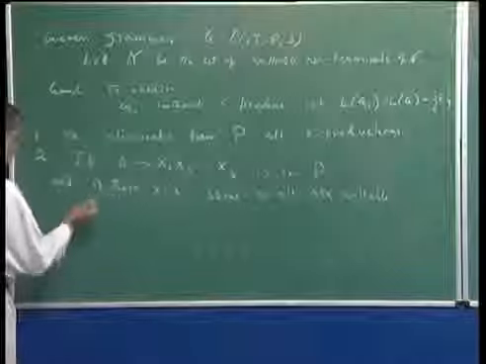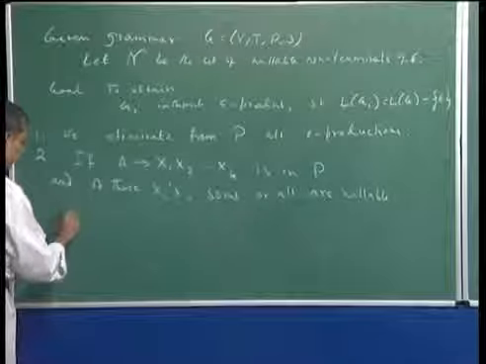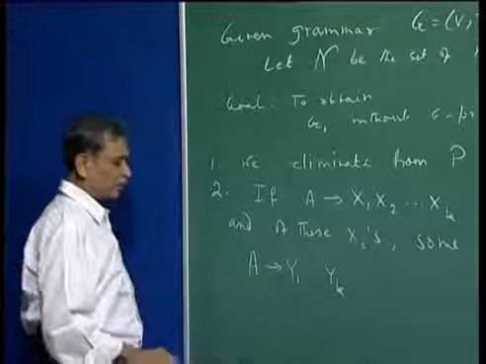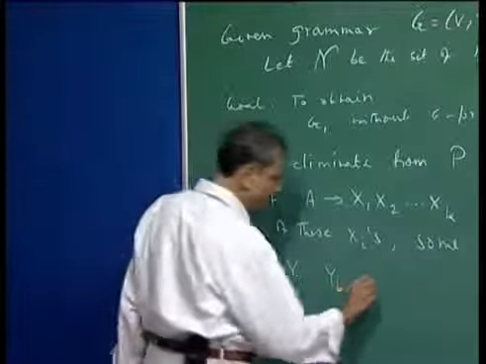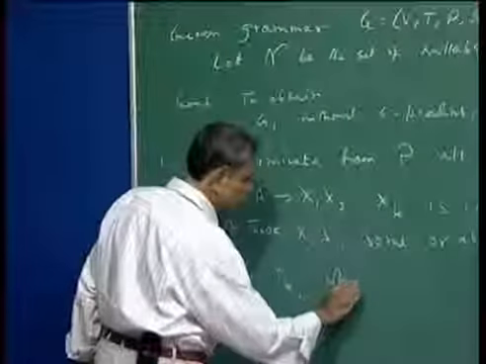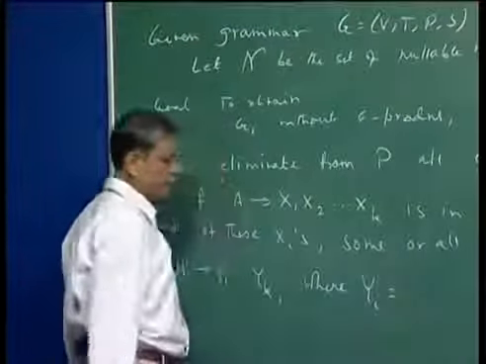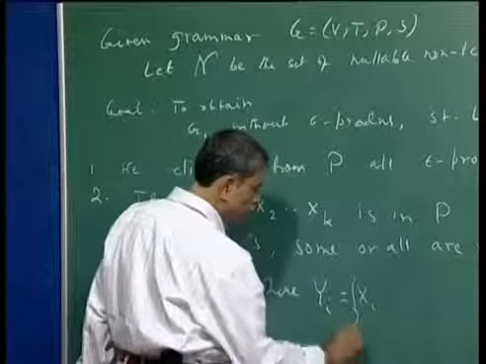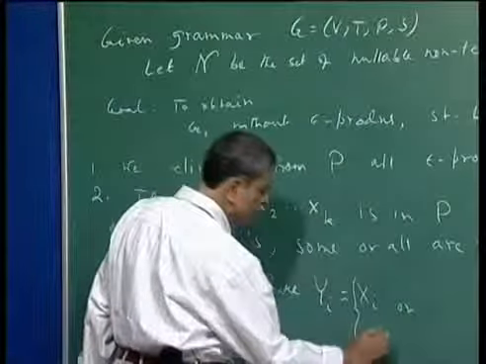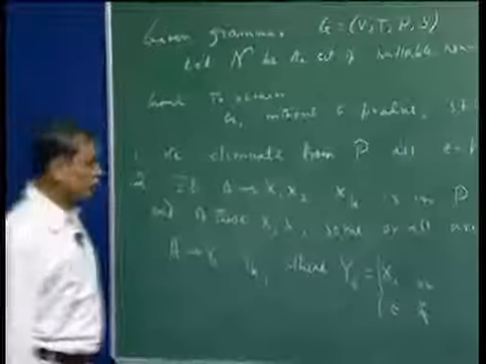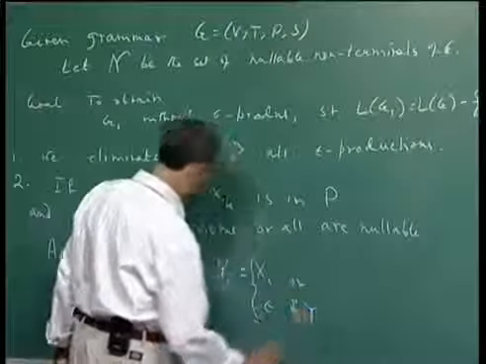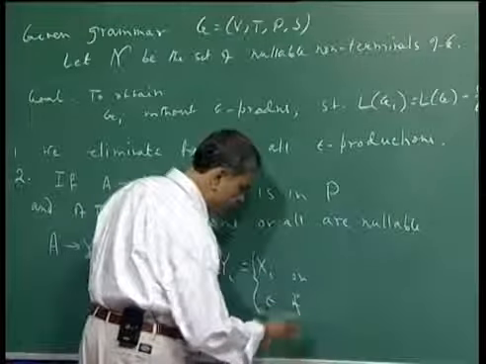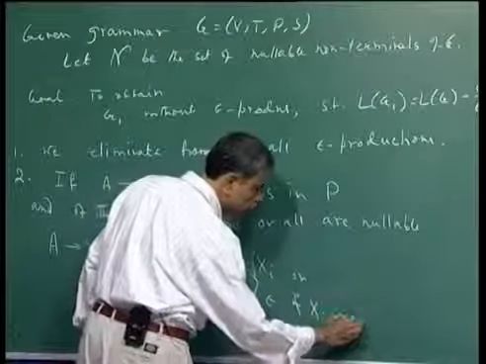we will add another production of this kind, that A goes to y1 through yk, where yi can be xi or epsilon if the symbol xi was nullable.